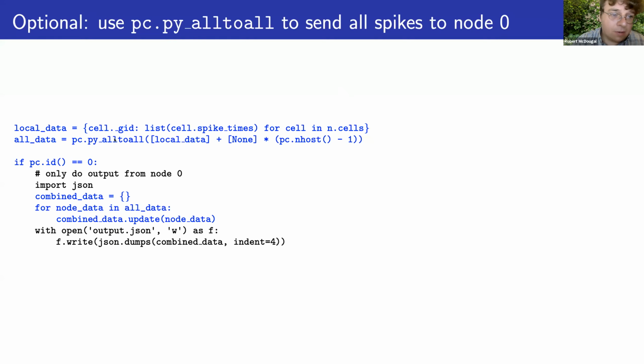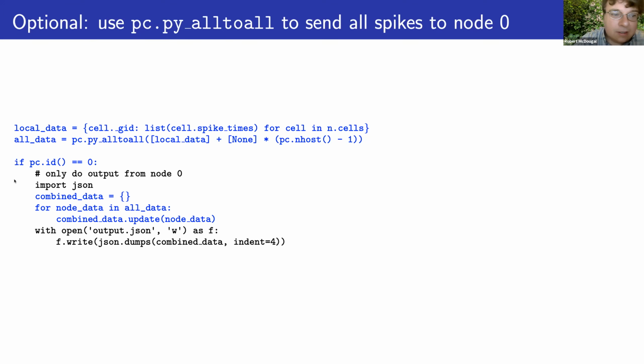So generate all of your pieces. py_alltoall will send whatever local data that you want, and then just a whole bunch of Nones to all the others. So none of the other processors get anything, but processor 0 gets everything. Or you could send everything to everything. That's cool too. But really, there's no point, because if one processor knows all of the spike events, it's able to generate the file. Processor 1 doesn't need to know. Who cares? Because we'll still have our data.